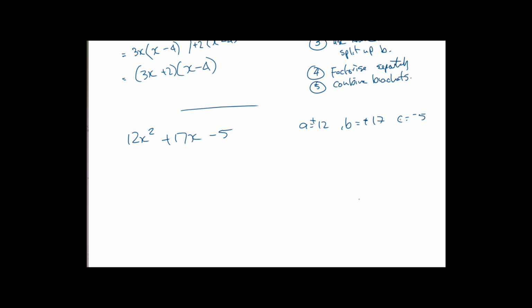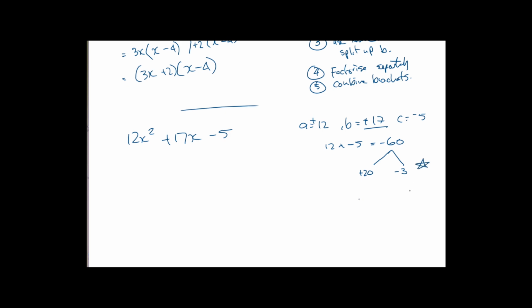A times C is 12 times negative 5, which is negative 60. So I want two numbers that multiply to give us negative 60 and add to give us positive 17. Well, the answer to that is going to be plus 20 and minus 3.